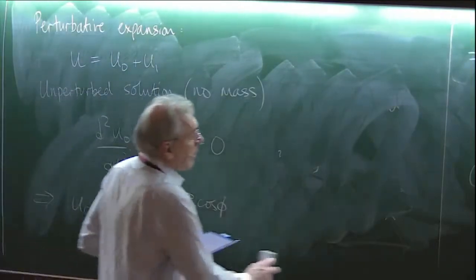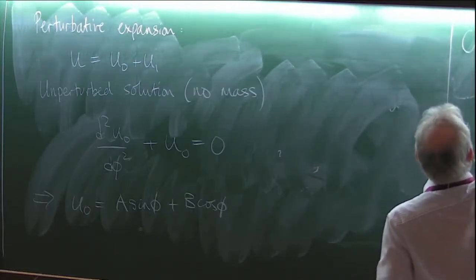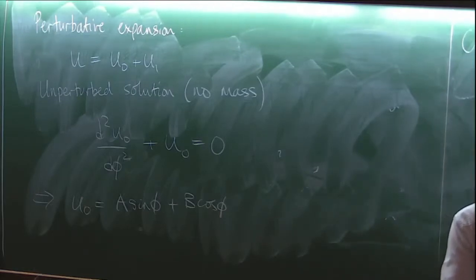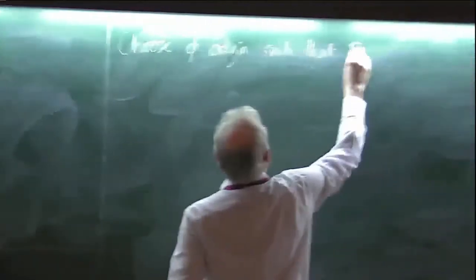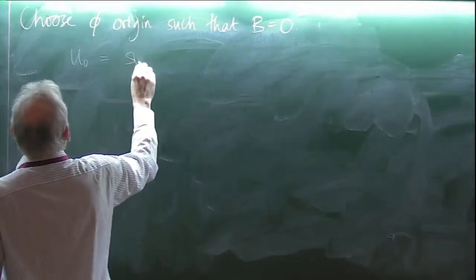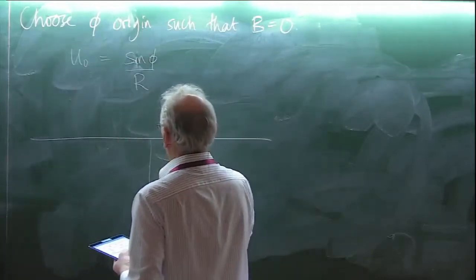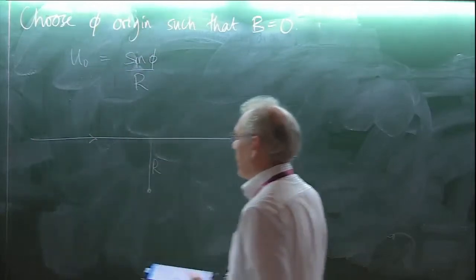And this is the equation of a straight line, even though it perhaps doesn't look like it. So we can choose the origin of phi to remove one or other of the terms if we wish. And the solution is a straight line.